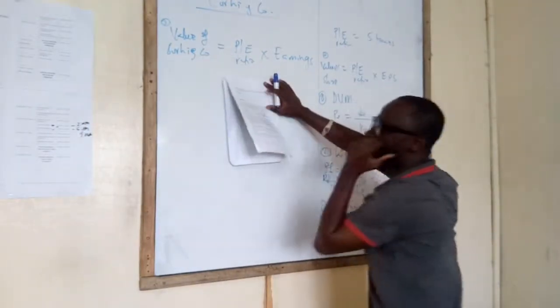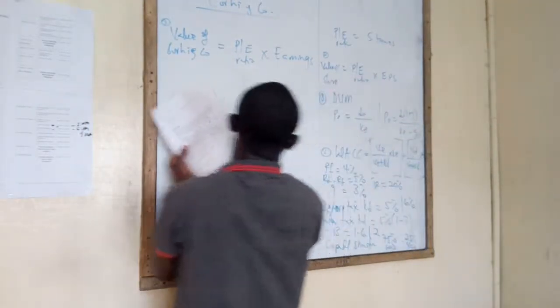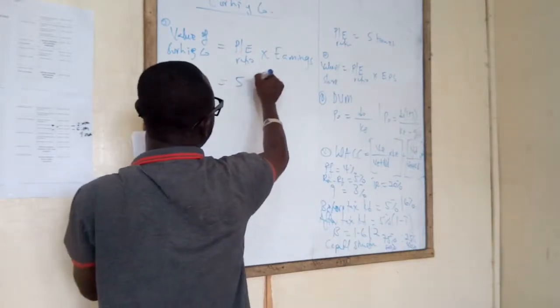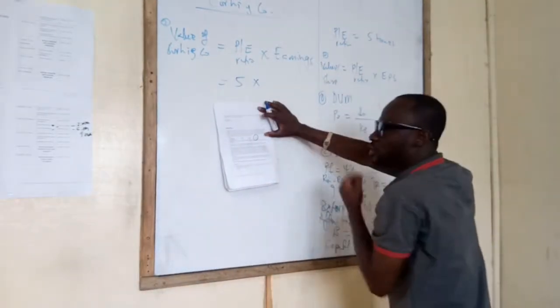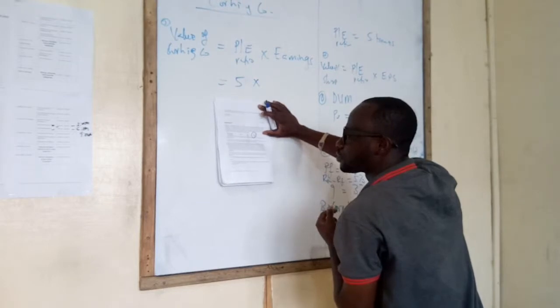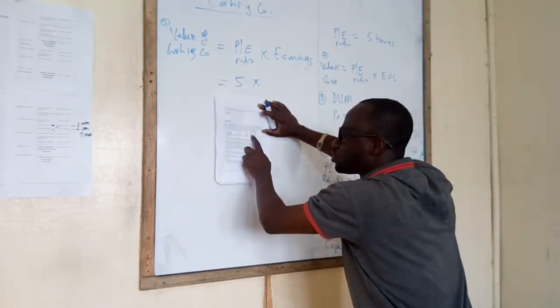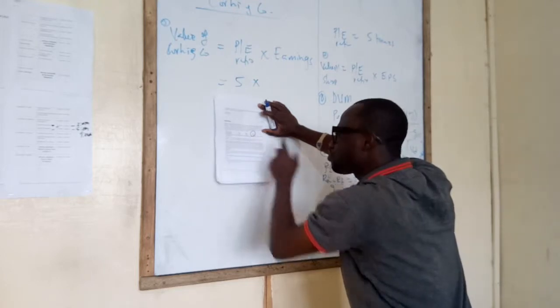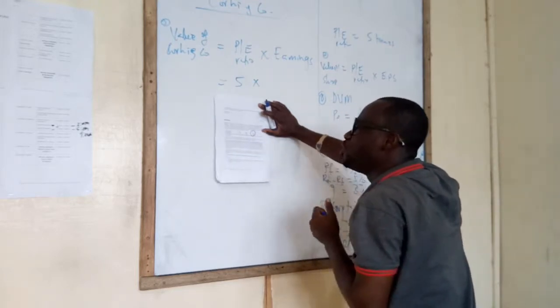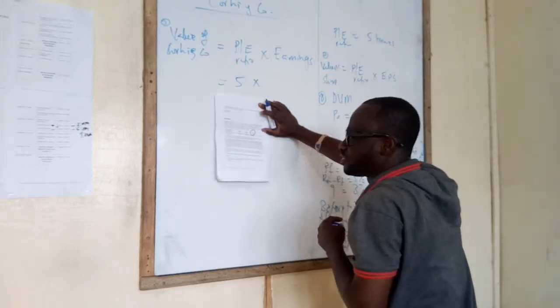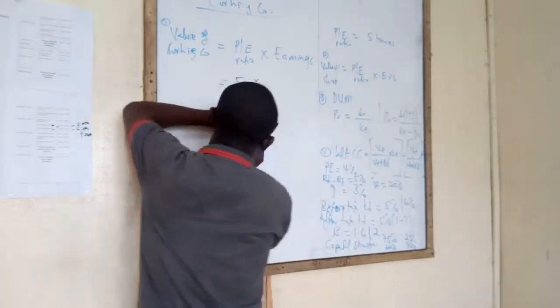Now let's go. So how do we calculate the value of the company? PE ratio has been given to us as 5 times. What earnings do you think we use here? We will use year 3's earnings. Now, why would you use year 3's earnings? Because year 1 is the current year.